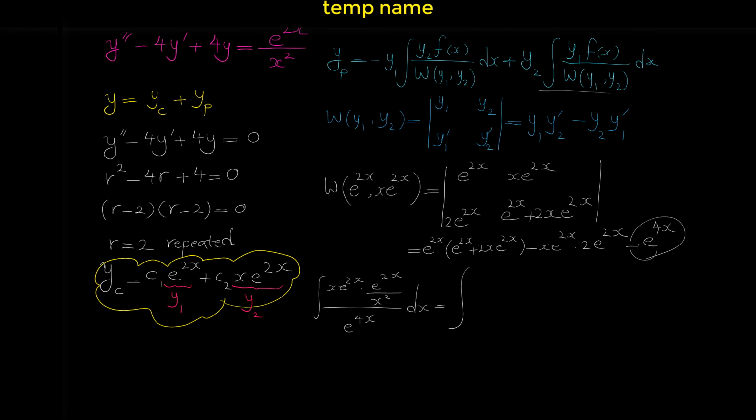If we simplify this, note that e to the 2x and e to the 2x multiply by each other and we have e to the 4x, which cancels with this e to the 4x in the denominator, and we only have x over x squared, and x over x squared is 1 over x.